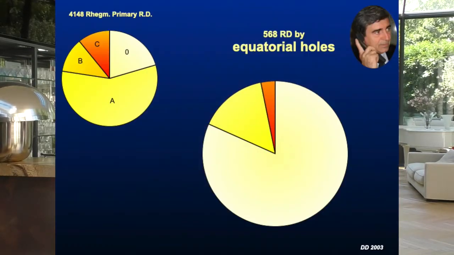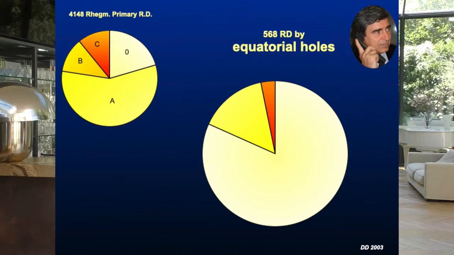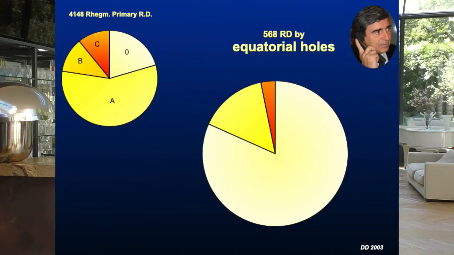Let us now refer to my study on primary procedure detachments and consider the stage distribution of these detachments. If we look at how these retinogenic detachments are distributed, what can we see? The detachments linked to equatorial holes are not all stage 0.